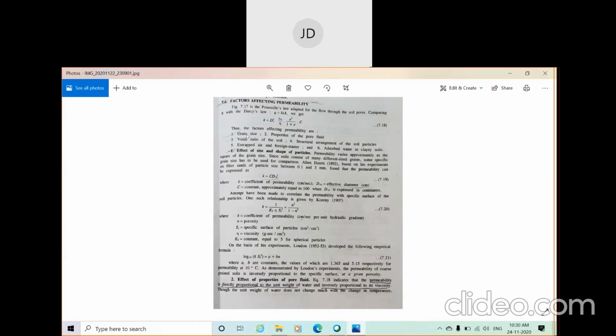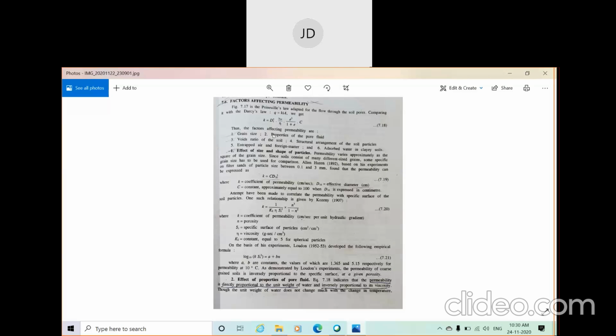First, you can see here grain size, then properties of pore fluid, void ratio of the soil, structural arrangement of the soil particles, entrapped air and foreign matters, and at the end, adsorbed water in clay soil. Okay, so here you can see six factors are given as per this book. These six factors may affect the permeability or coefficient of permeability of a particular soil.